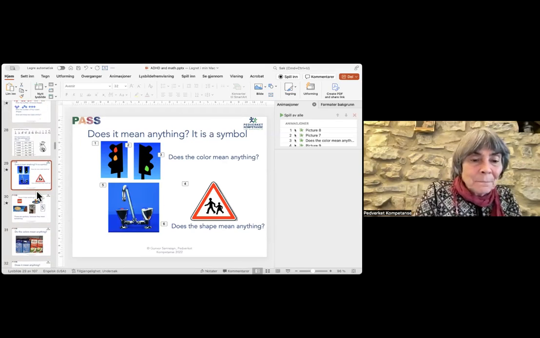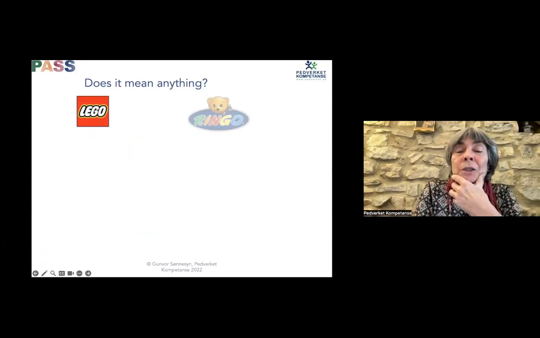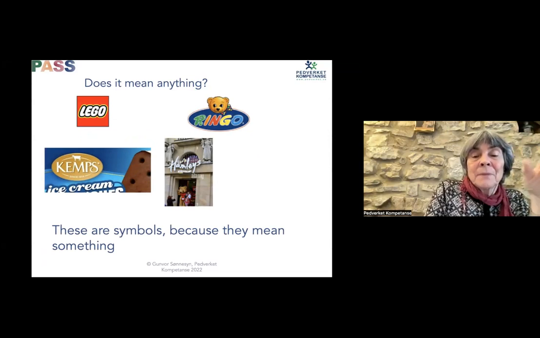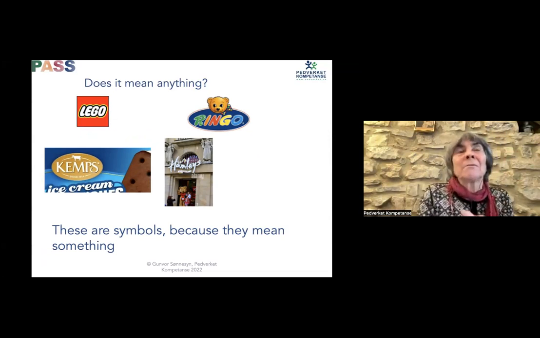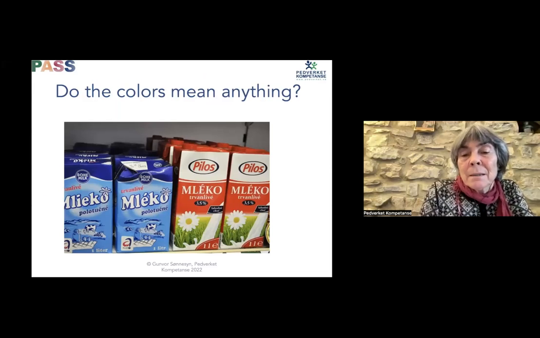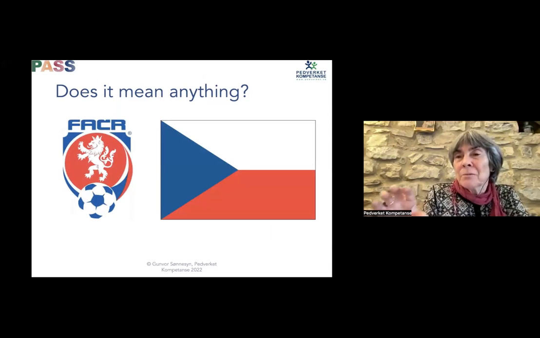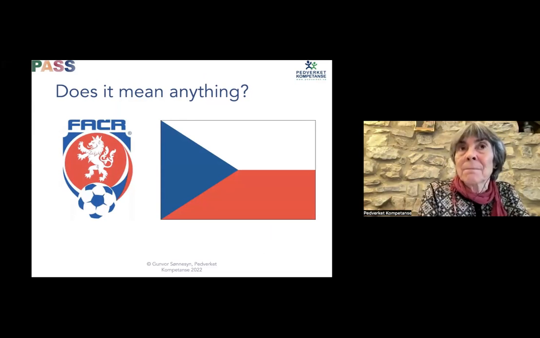Let me see, like all these, like the toys, for example, or the shops' logos, like the different logos of music groups, of sport clubs, a lot of different things that has the function of being a symbol, and that we can use just to teach them that it is a symbol because it means something.